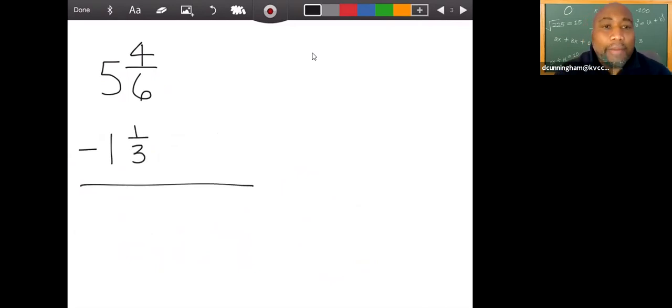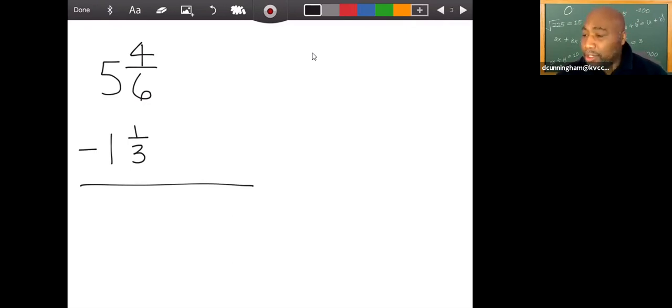Now in this case, I am not going to do the whole number and then subtract the fraction piece. I can do that, but what I'm going to do, I'm just going to make them improper fractions. A lot of times students like to do the improper fraction method because it eliminates some carrying and borrowing. So watch this.